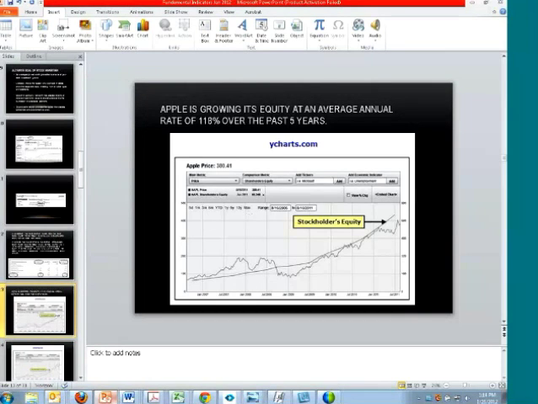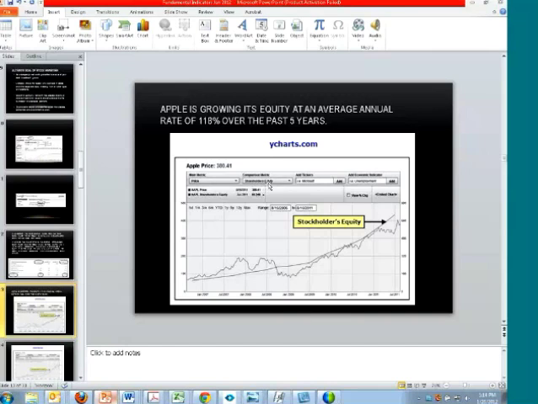What you do is, in this case, I selected Apple stock, AAPL, and then under comparison metric, I selected shareholders' equity.